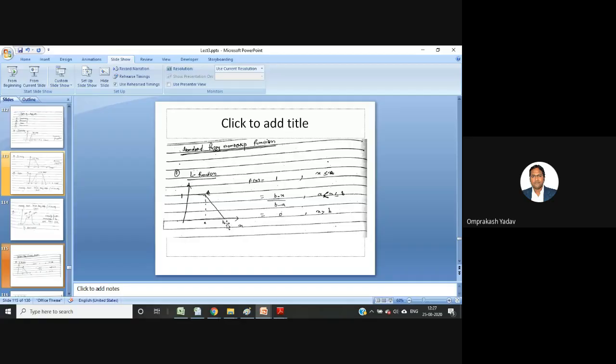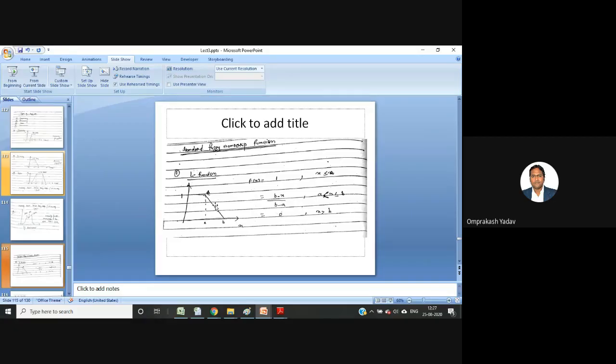The below point is B. If it is a decreasing line, take that below point B and subtract the variable from it, so B minus x, divided by the range of this line, which is A to B, so B minus A, where x is greater than A and less than or equal to B.